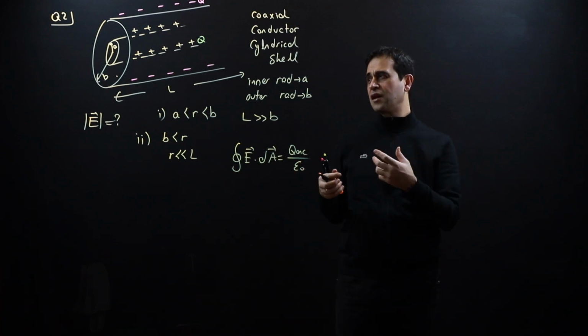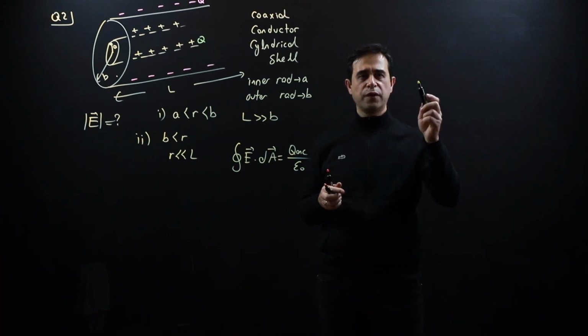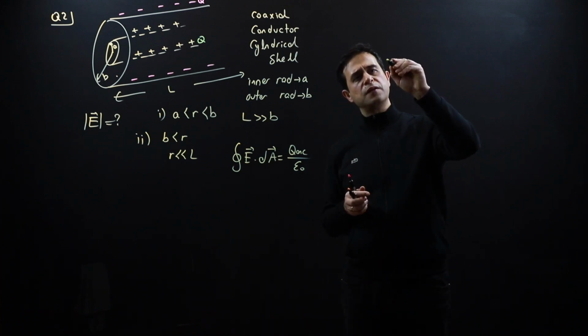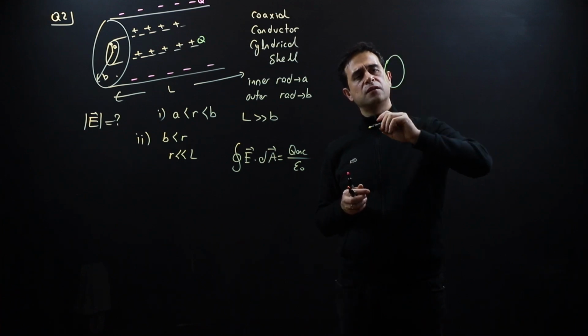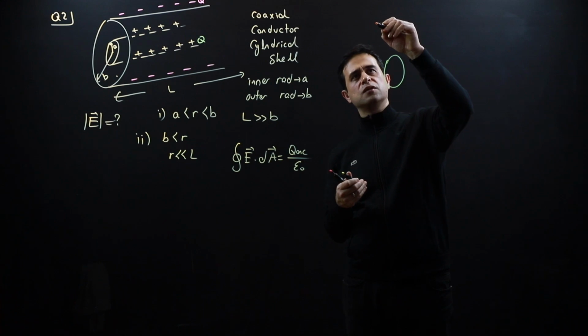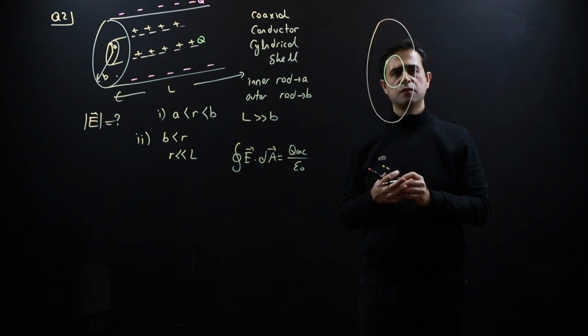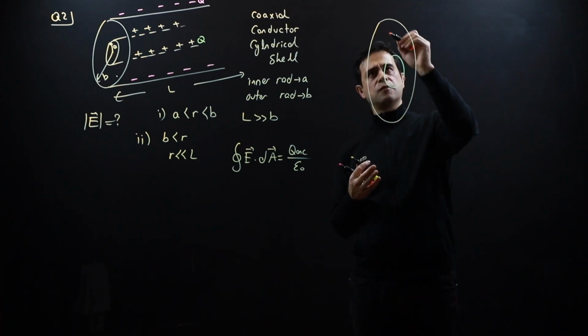Okay, so what is the Gaussian surface for this particular problem? We have the inner shell, and then there is the outer shell. I'm going to draw the outer shell in the other color.